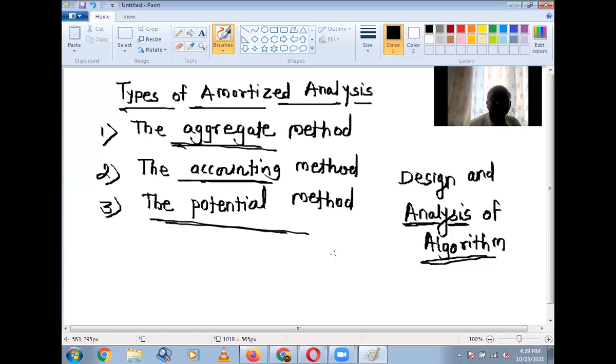Then in searching techniques, that is linear search, binary search, you should know all the concepts. Then tree, graph, stack, queue, you have studied in data structure, you should know all the concepts regarding these.